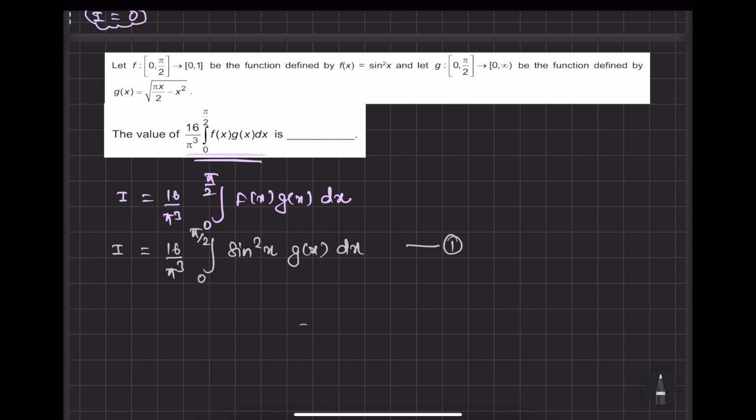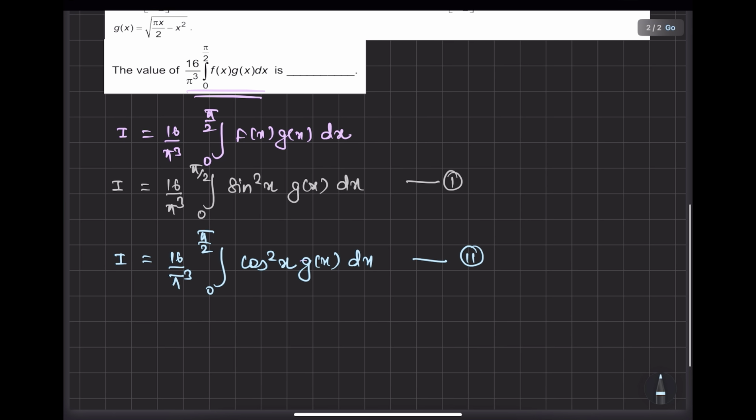Now I will apply the papa property. So I is 16 by pi cube, the integration from 0 to pi by 2, where f of pi by 2 minus x will become cos square x, and g of x will remain g of x only. This is second.